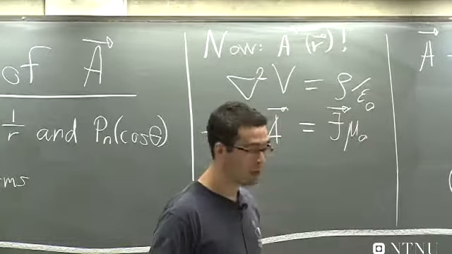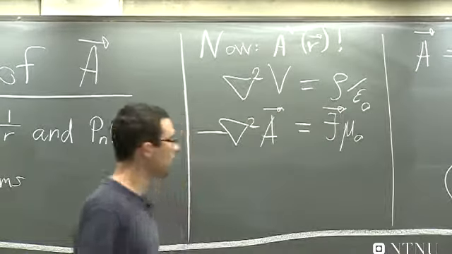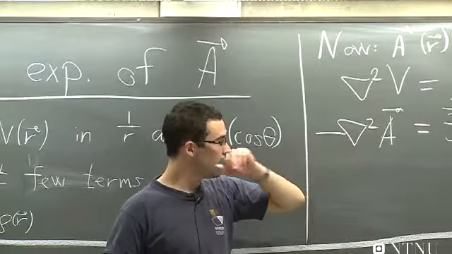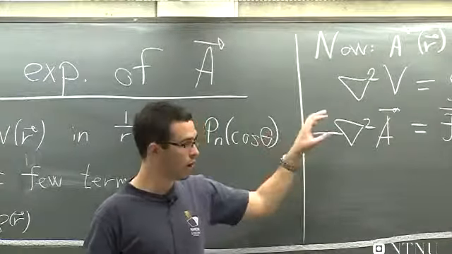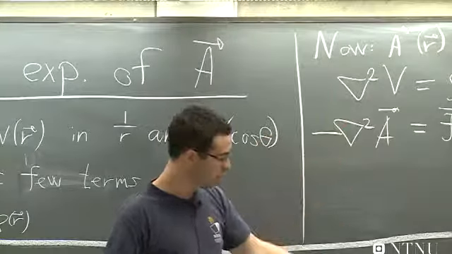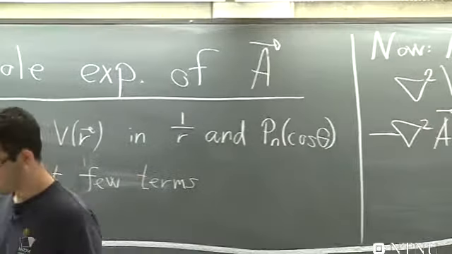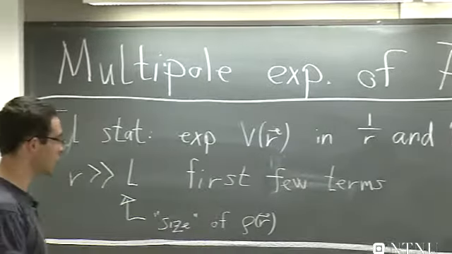Now for the magnetic vector potential, as each component fulfills the same equation as V does, we're going to look at this expansion for one component at a time. And I'll do that as soon as I get some more space.